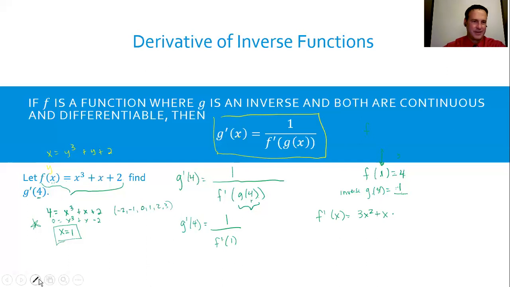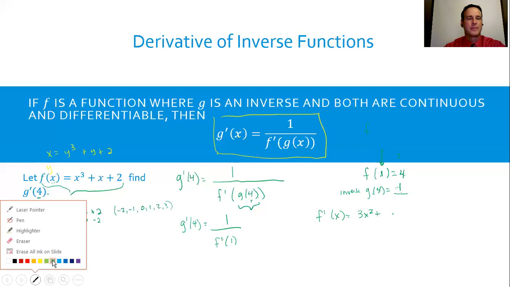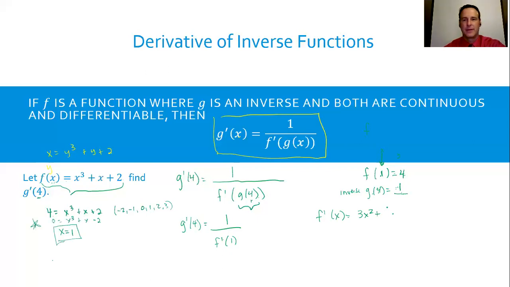Not plus x, that is plus 1, the derivative of x is 1. Okay, and the derivative of 2, of course, would go away. All right, and if I want f prime of 1, it ends up giving you, I think, 4.